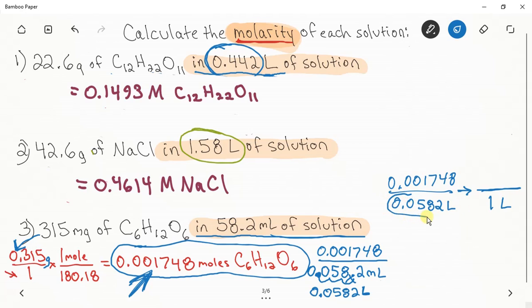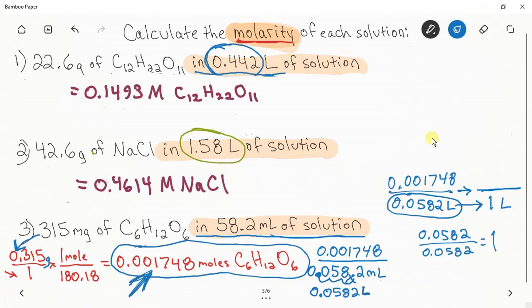Well, we take this amount that we have in liters, the 0.0582 liters, and that's what we divide it by. 0.0582 liters divided by 0.0582 is 1. So we just divide it by itself and you get 1 liter.